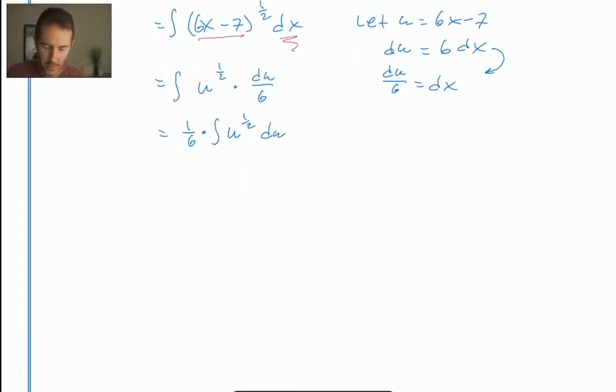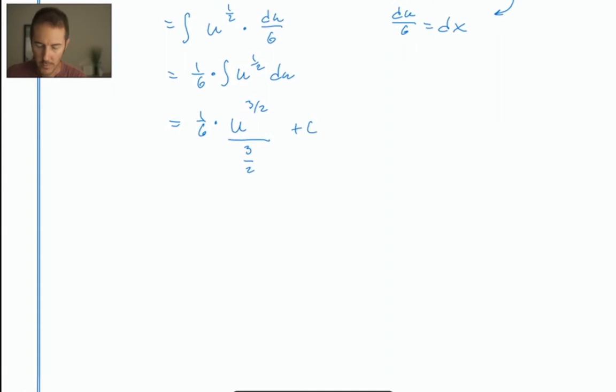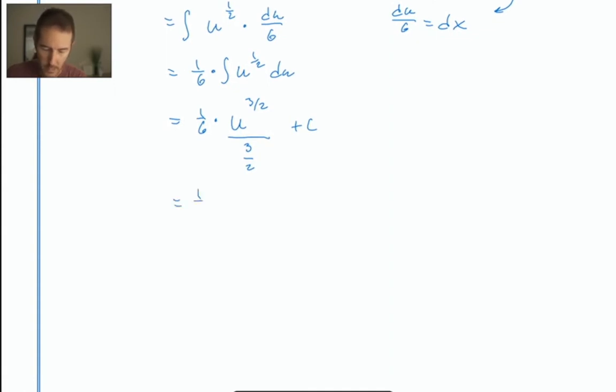You know how to integrate these. I'm going to keep the 1/6 out front, times, keep the variable, increase the exponent by 1, which makes it 3/2, divide by the new exponent, which is 3/2, and don't forget your plus c. Let's clean this up a little bit. I'm going to keep the 1/6. I'm going to multiply by the reciprocal, which is 2/3.